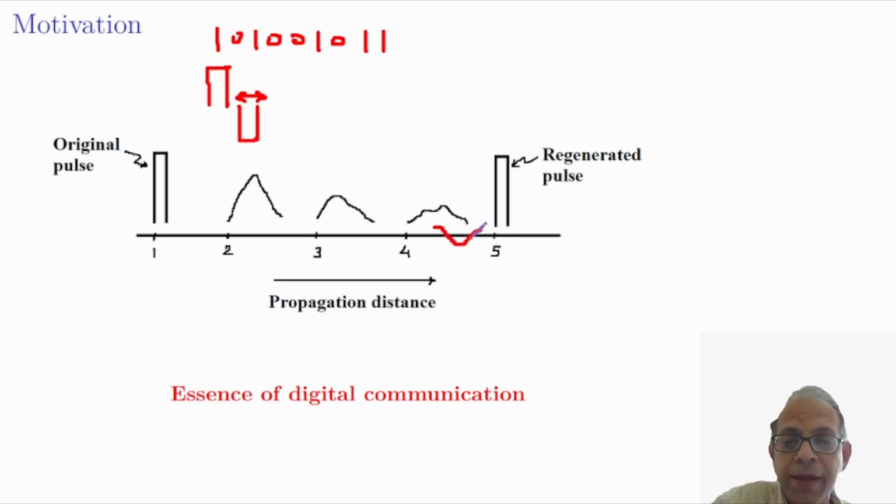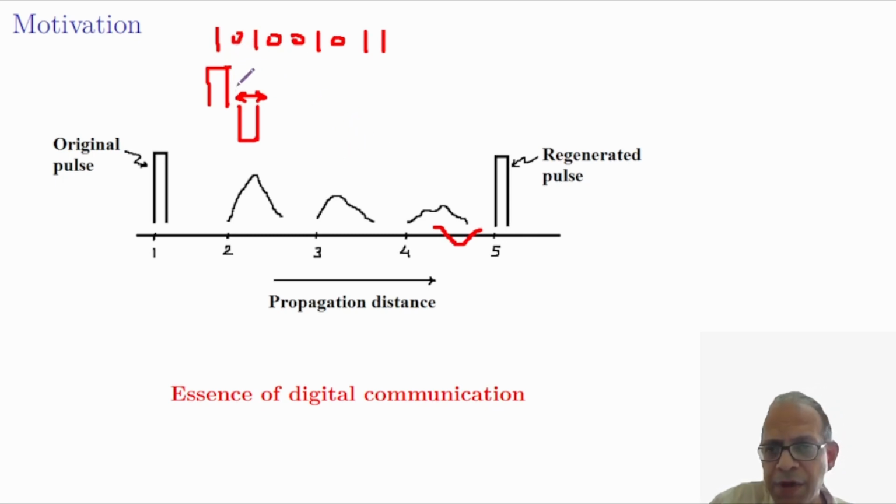Then we may assume a negative pulse was transmitted rather than a positive pulse, and in that case an error would occur. But the probability of that happening is far less, and therefore the amount of error incurred in digital communication is far less, and the reliability is very high, which is a primary objective of digital communication.